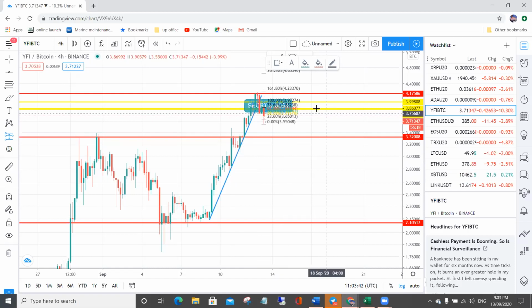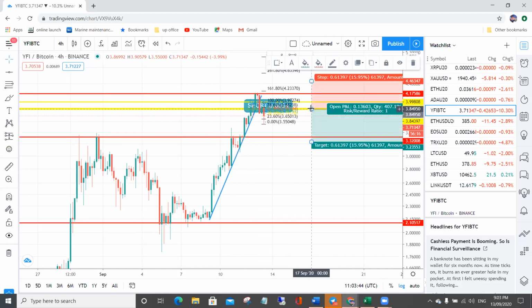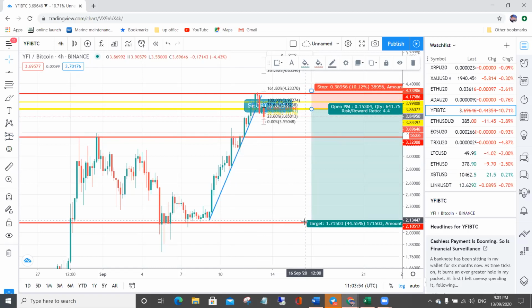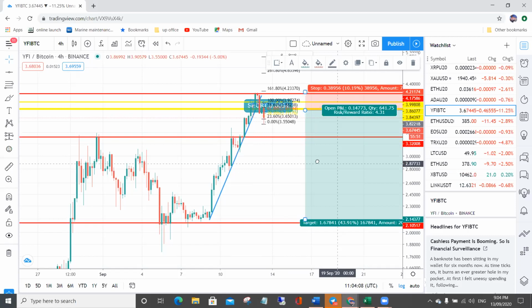But if we have a look at this, my original stop loss was there, just above the peak, and the potential is for it to run all the way to the line of support there. I like to put my take profits a little bit closer, just because there'd be nothing worse than it not quite making it. But let me just move it across so we can see it.